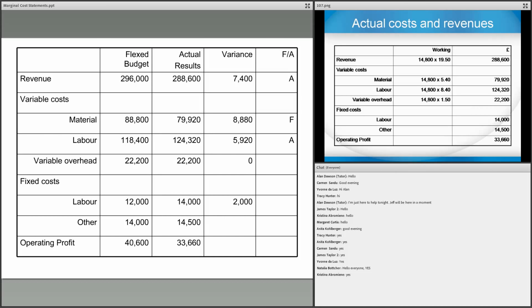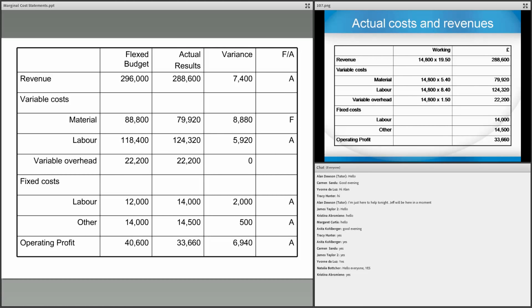Fixed cost of labour, maybe we've had to put the cleaners on extra hours because of the extra shifts we've worked. Maybe a bit more supervision, things that normally don't change. They have on this occasion. That's adverse. Other fixed overheads, a bit more maintenance perhaps. And if we add together all of those variances, or if we compare the operating profit, they should both agree. And that's adverse overall because our profit is less than expected.